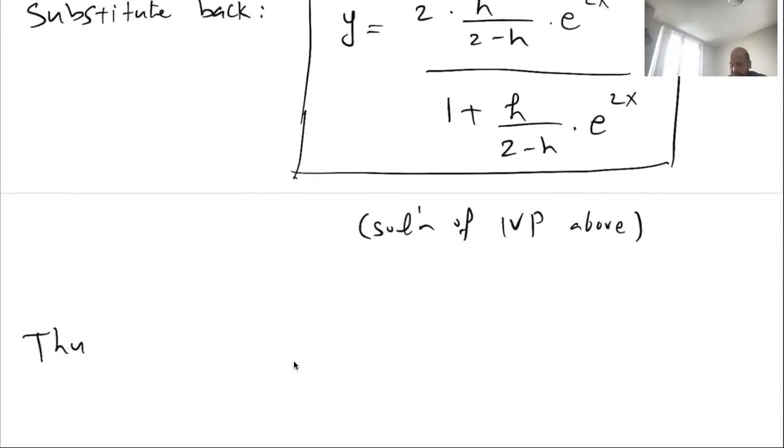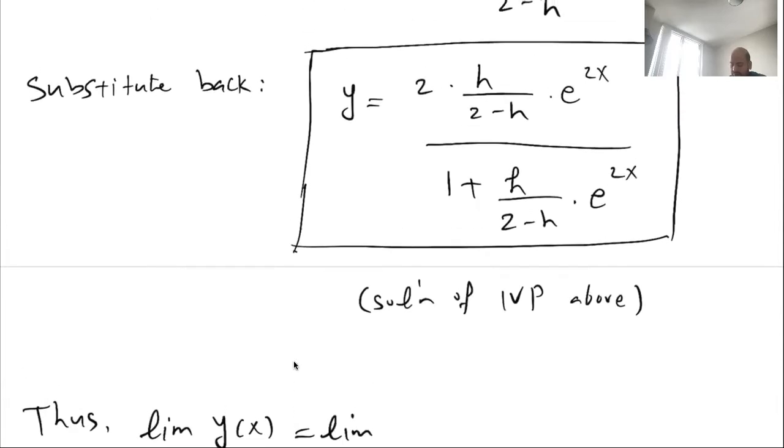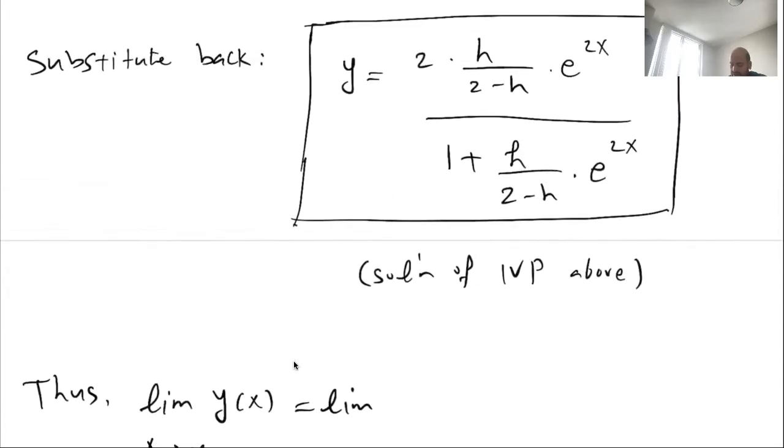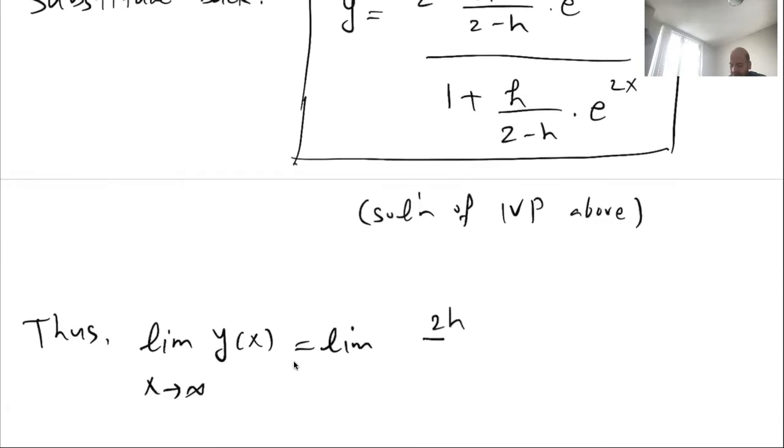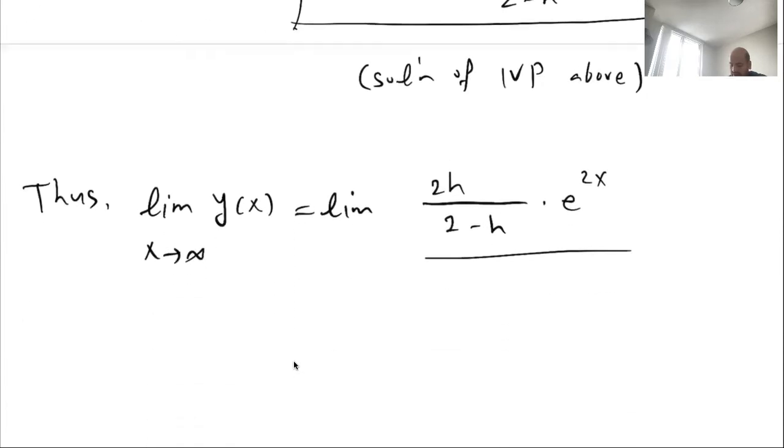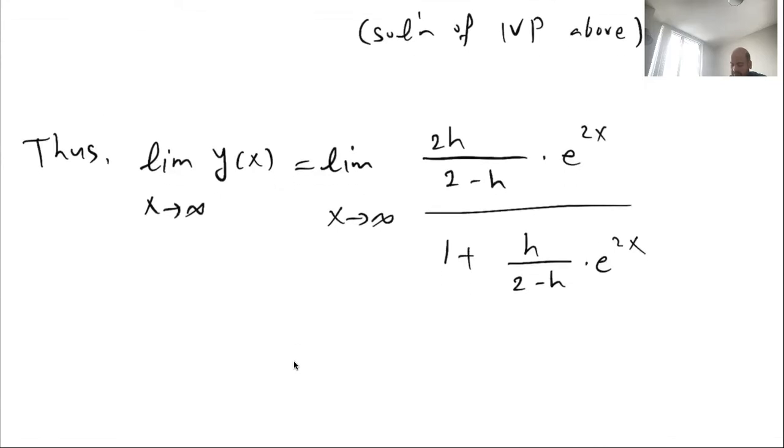So we can now find the limit of y as x goes to infinity. That would be the limit of 2h over 2 minus h e to the 2x divided by 1 plus h over 2 minus h e to the 2x, as x goes to infinity.